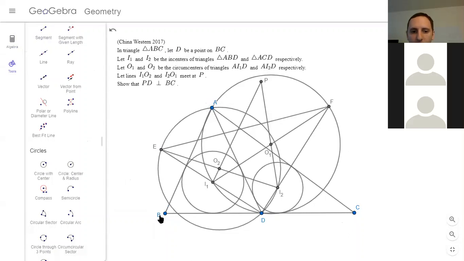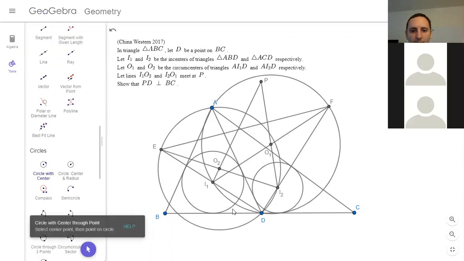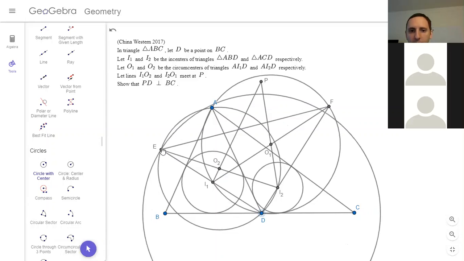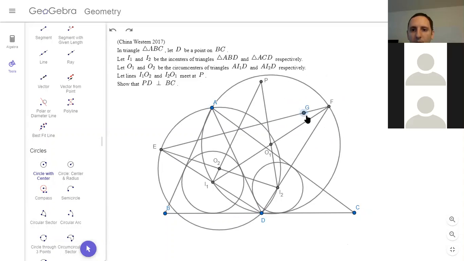And then, let's see. I doubt this is true, but DE doesn't equal DF. So maybe we could show, like sometimes I like to show something as an orthocenter to show that PD is perpendicular to BC.